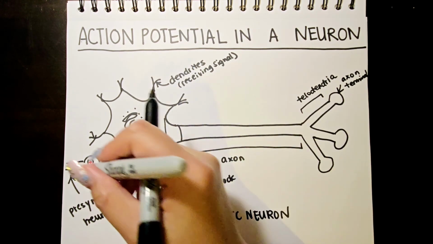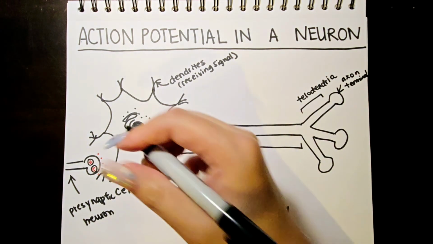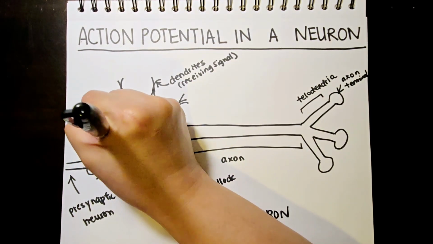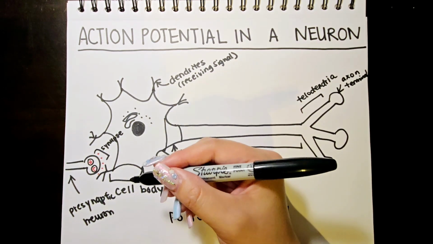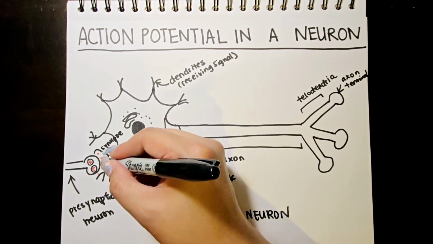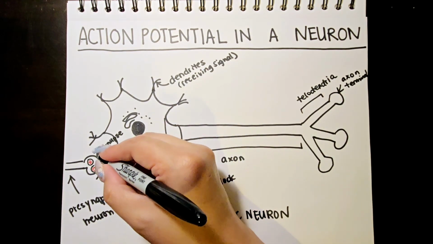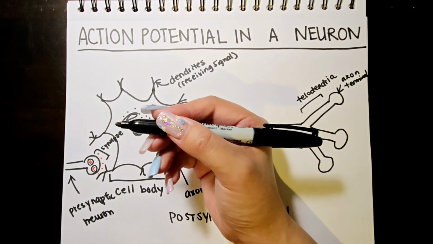Neurotransmitters have to be released in a particular synapse area. In this particular case, we're talking about a synapse between the axon terminal of the presynaptic neuron and the dendrites of the postsynaptic neuron. That synapse is very tiny. It's separated by a tiny synaptic cleft.